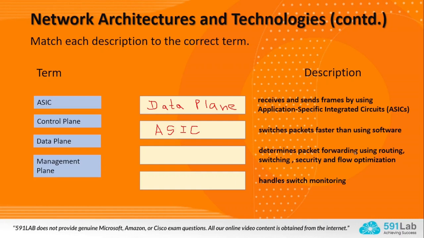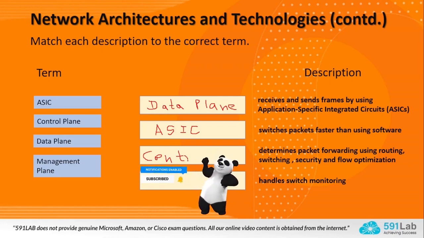Determines packet forwarding using routing, switching, security and flow optimization. So this is the determination function, that is the decision making function. Who is doing the decision making? That is the control plane.